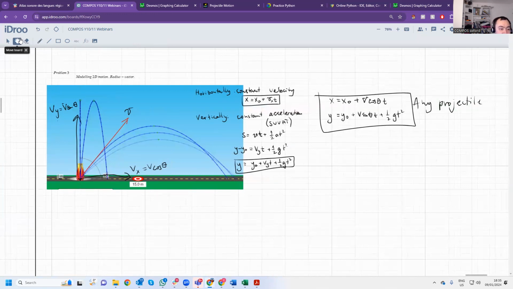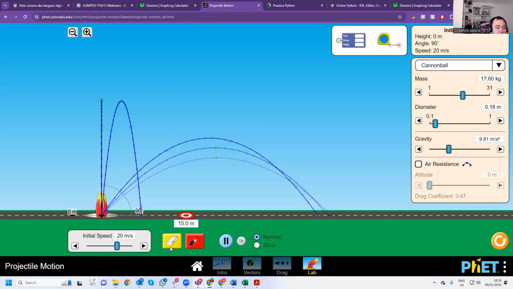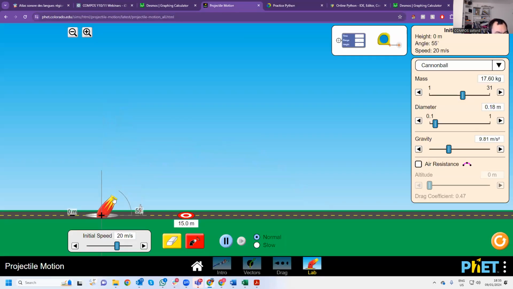So let's say we are shooting at an angle. Let's do a specific example, 60 degrees, 20 meters per second.